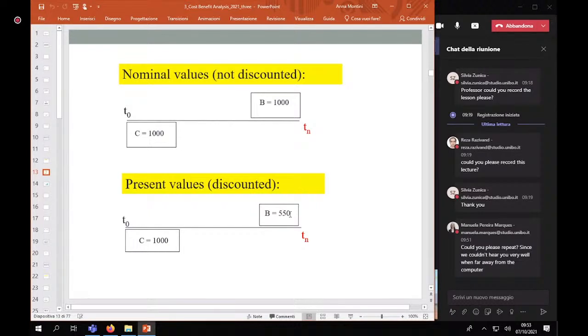Okay, then I will teach you how we can discount a nominal value for the future. But at this stage, you can understand that if I will receive a benefit some years from the present, if I consider this nominal value with the lens of today, the present value will be smaller with respect to the nominal value that I will receive in the future.